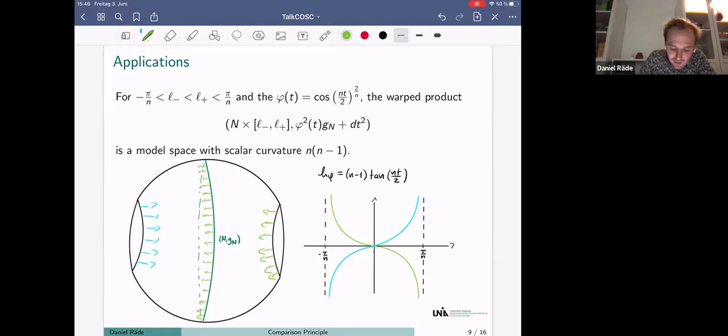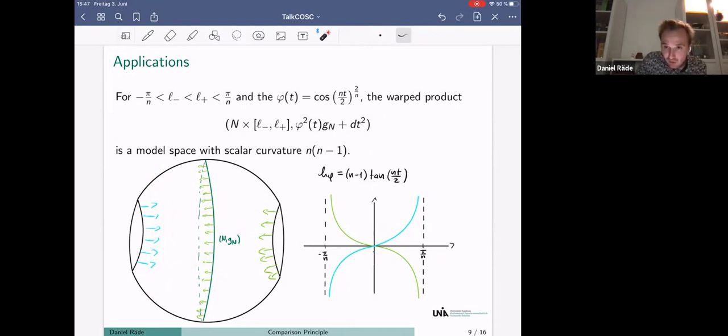The reason for that is that if I look at the mean curvature of a slice, I evaluate it with the vector field in this direction. But once I get to the boundary, mean curvature is evaluated with the vector field in a different direction. So if this N_t comes closer and closer, its mean curvature will go to minus the mean curvature of the left boundary that we actually want.